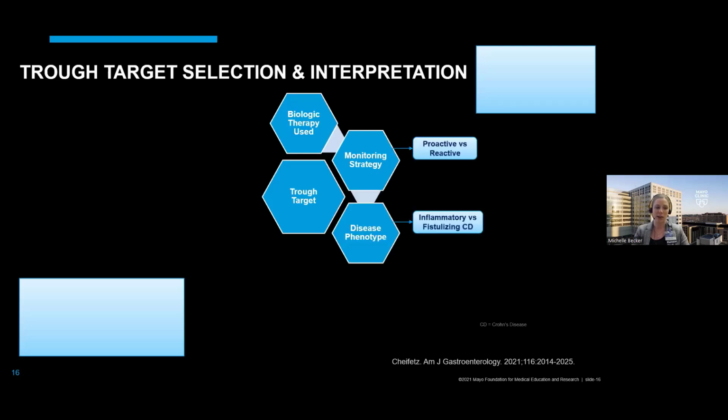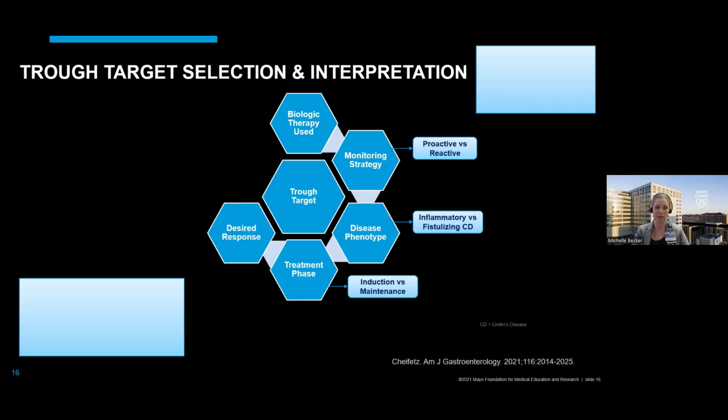The disease phenotype. So if someone has more tricky to treat fistulizing or perianal Crohn's, we might actually be aiming for higher trough levels than simply inflammatory disease alone. The treatment phase is important to consider: if someone is in those induction doses where troughs are going to still be variable versus maintenance when steady state has been achieved and concentrations are consistent.